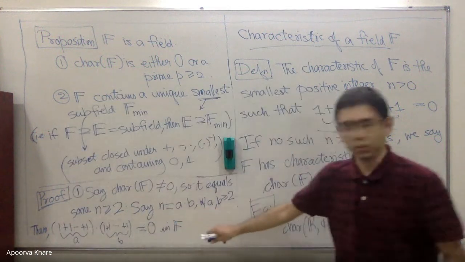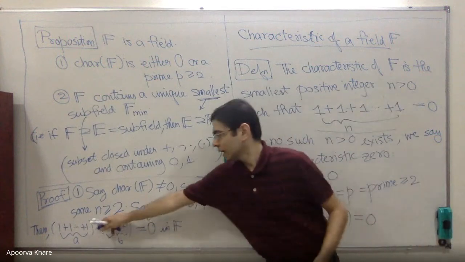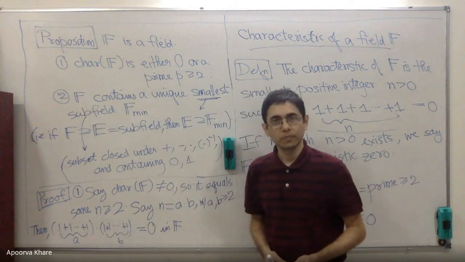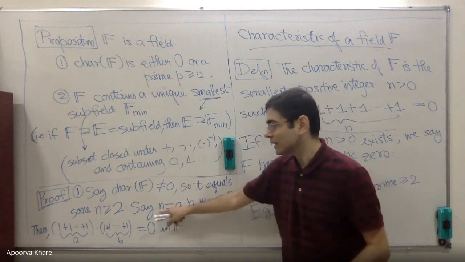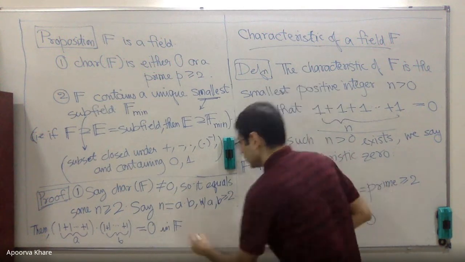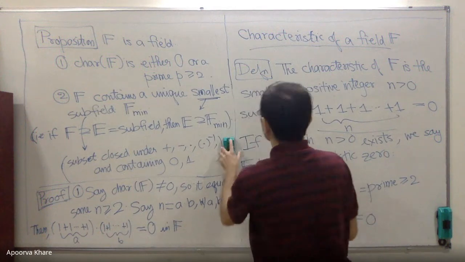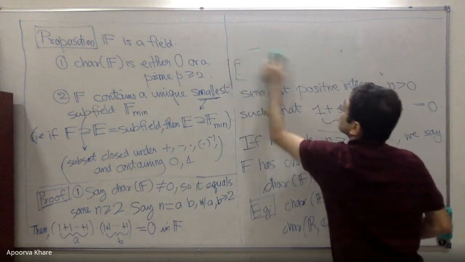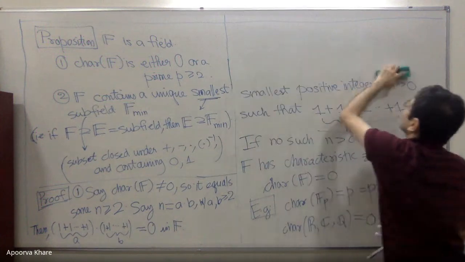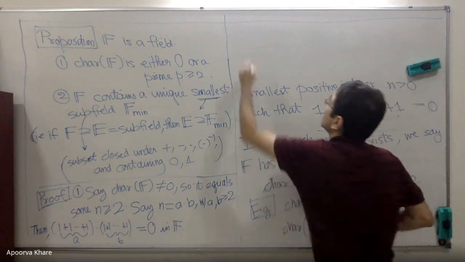Then a times b is 0 in the field. So either a is 0 or b is 0. But you see, if a and b are both bigger or equal to 2, then they are strictly less than n. Let me just write this much, because I will need it in a second.